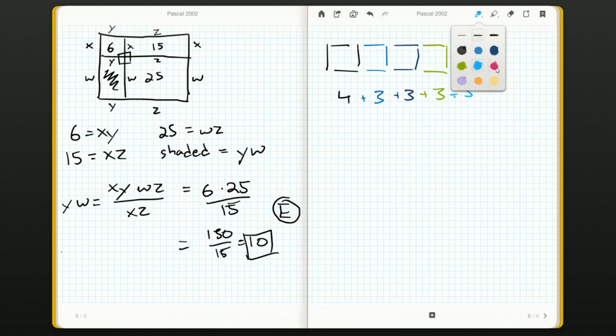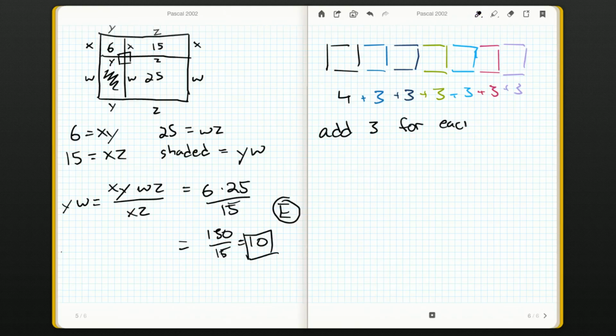Now I could keep going because they're only asking us for 10 squares, but there's really no point. We have a pattern, so we can work it out. So we add 3 each time. Each new square.